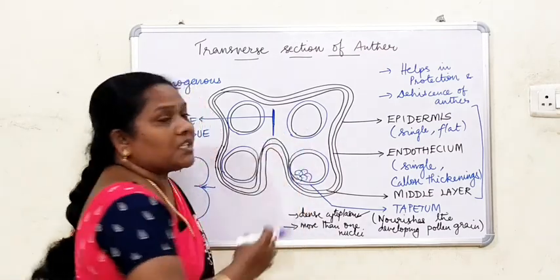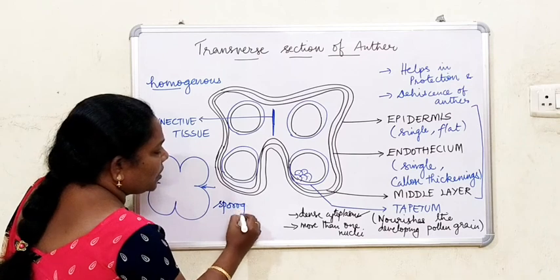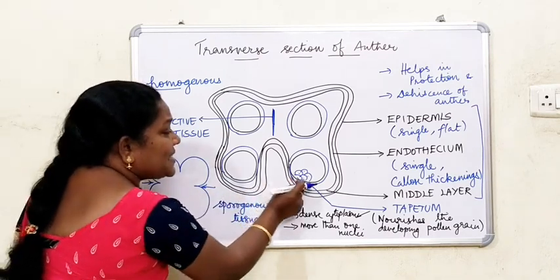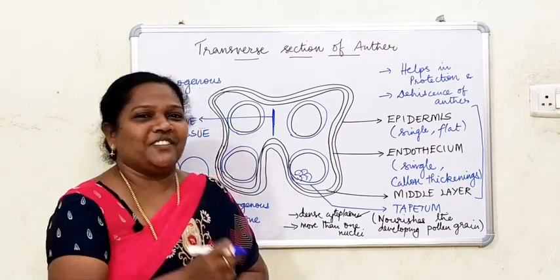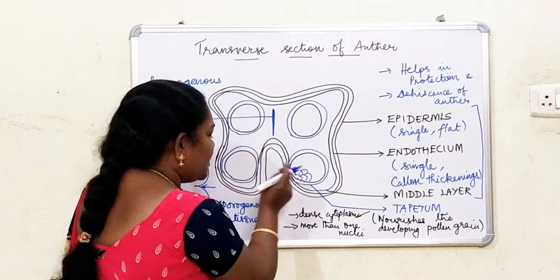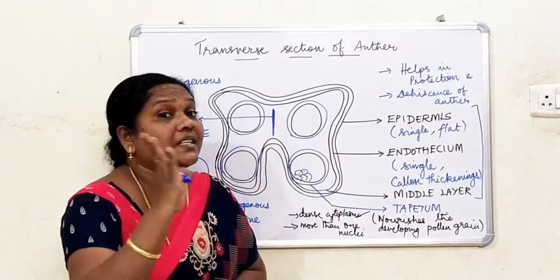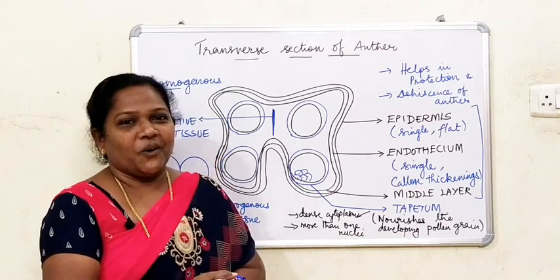This group of cells is called sporogenous tissue. Each cell has a tendency to undergo meiotic division. When each cell of this sporogenous tissue undergoes meiotic division, it forms a microspore tetrad. What do you mean by the term tetrad? Tetrad means four.